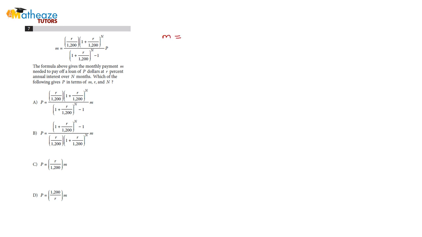M is equal to R over 1200, times 1 plus R over 1200 to the power of N, divided by 1 plus R over 1200 to the power of N minus 1, and then we have a P right here.